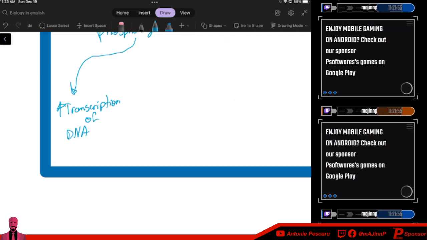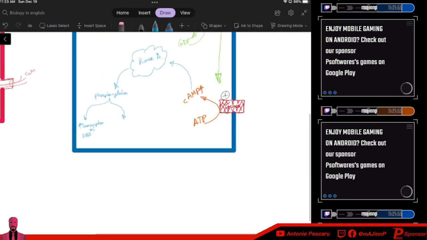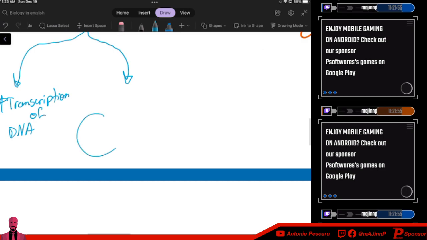So stimulate the transcription of DNA, augmenting it. Or it's going to go do another thing. It has another pathway. I forgot to draw our nucleus right here. Let's put a nucleus right here.